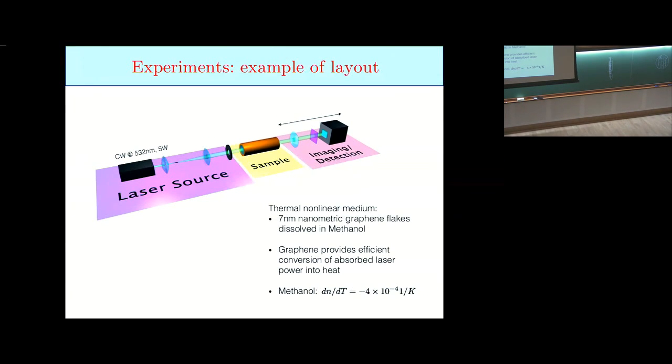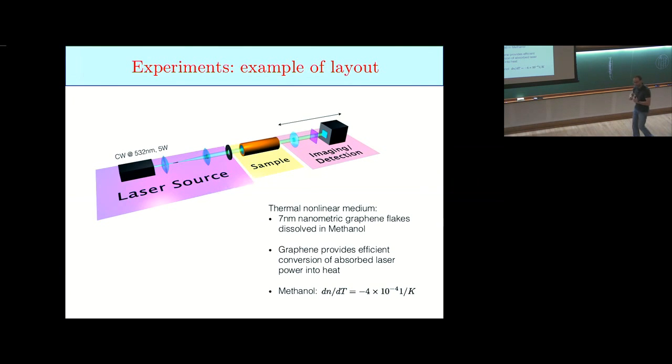What we want is a negative delta N. There are many liquids that have a negative dN/dT. Methanol, for example: for every increase of 1 Kelvin in temperature, I get a change in the refractive index of the order of -4 times 10 to the -4. So here delta N will look more like this, which is exactly what I want.